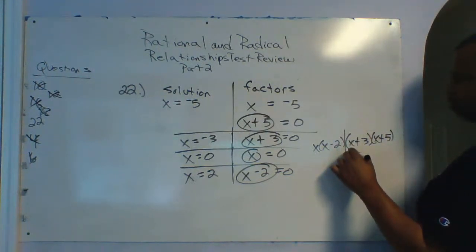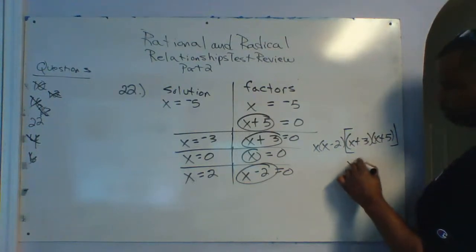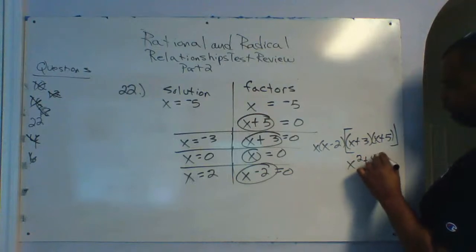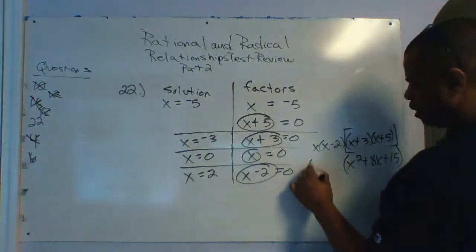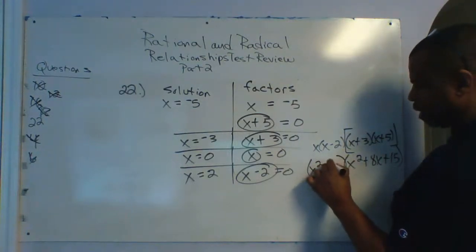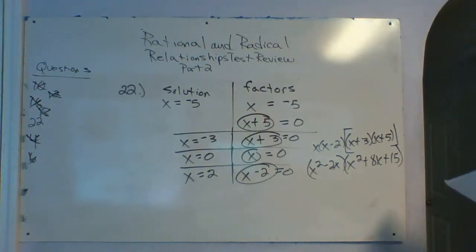Okay. And now you're going to do 2 at a time. So I do these two, and that'll be x squared plus 8x plus 15. And then this will just simply be x squared minus 2x. Then you just multiply it out, and that's the answer.